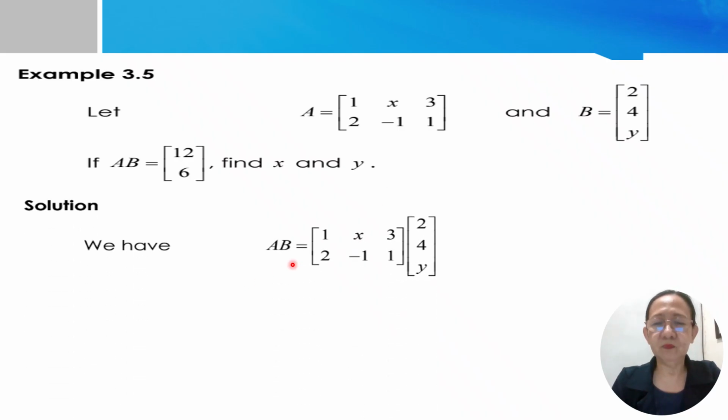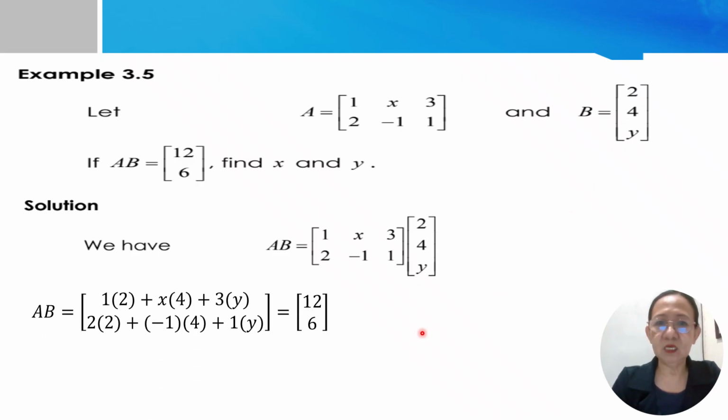So let us form the product AB. We have 1, x, 3, 2, negative 1, 1 times 2, 4, y. So multiplying each entries, we will get 1 times 2 plus x times 4 plus 3 times y for the first row. And on the second row, we have 2 times 2 plus negative 1 times 4 plus 1 times y.